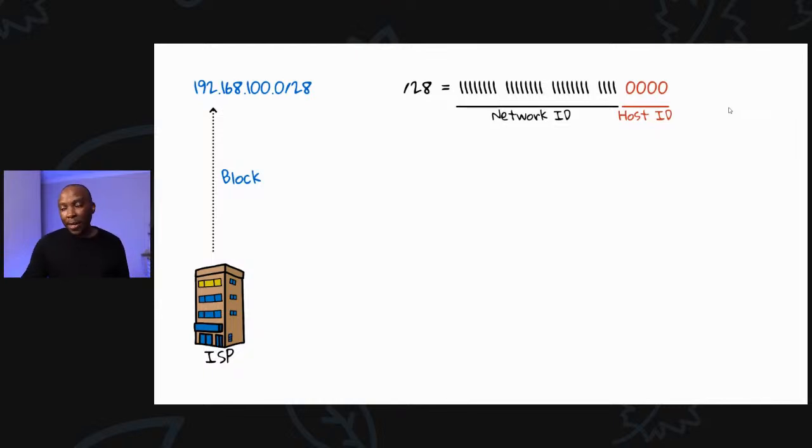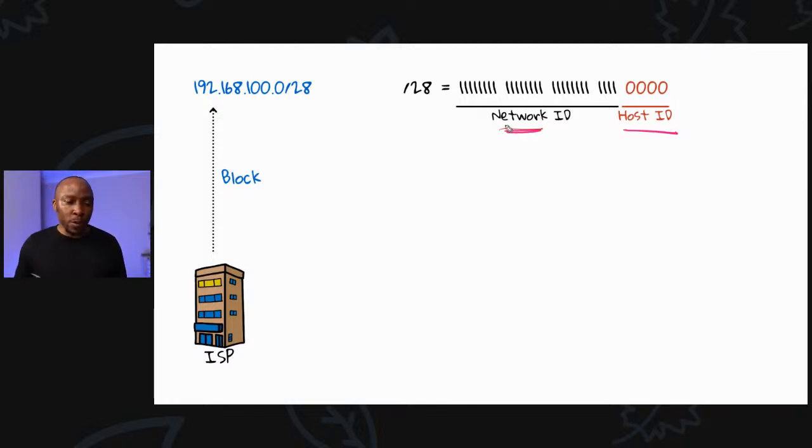It basically means that the first 28 bits are going to be used to denote the network ID, and the last 4 bits are going to be used to denote the host bits. So this is the network ID, and this is the host ID.